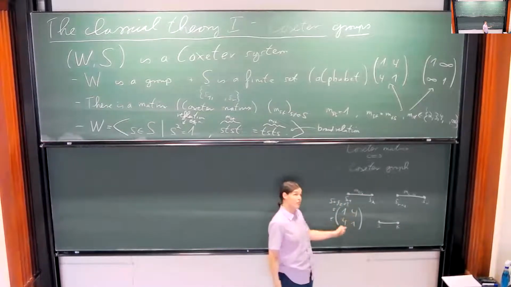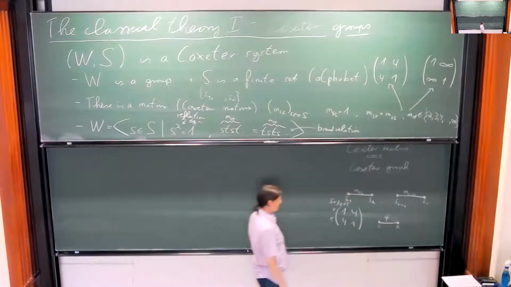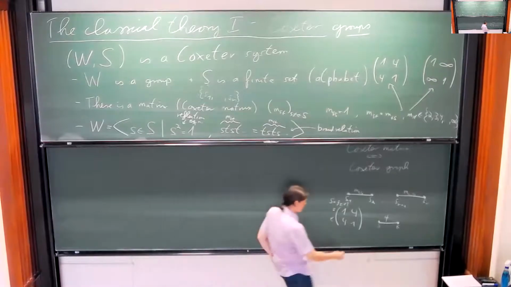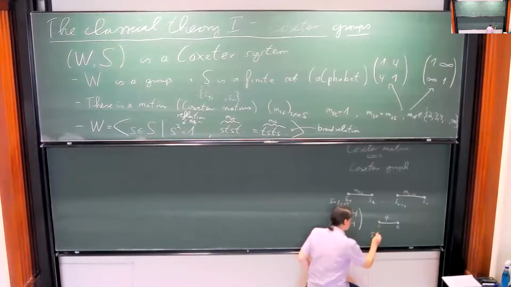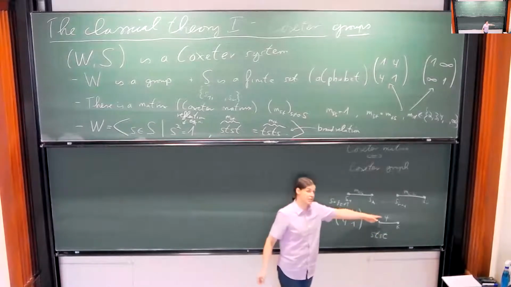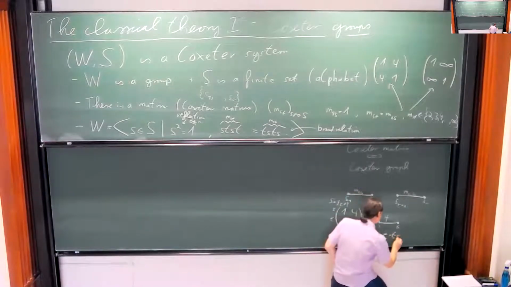I don't care which one because it's symmetric. And what is it saying? Well, this is saying that in my group I have the following relation: STST, that's the symbol you see here, equals TSTS.